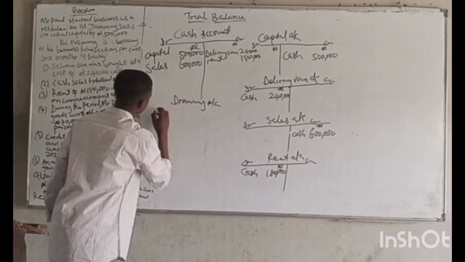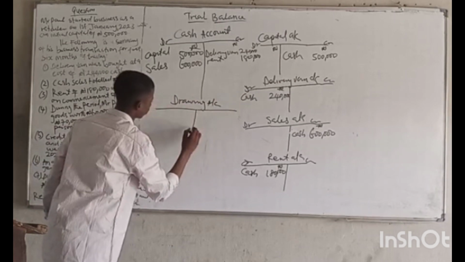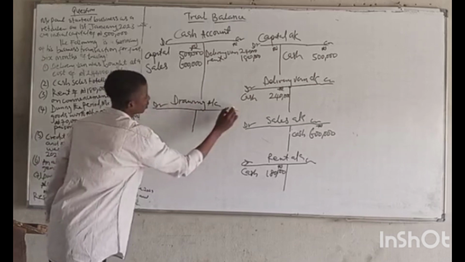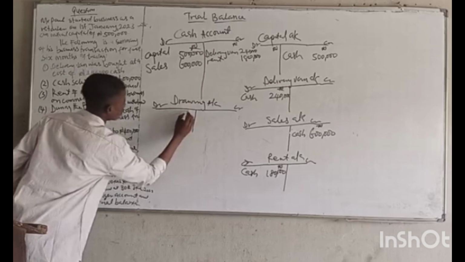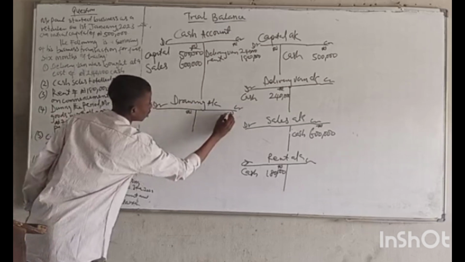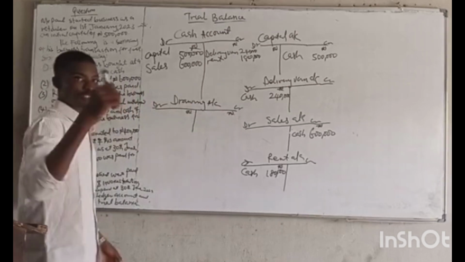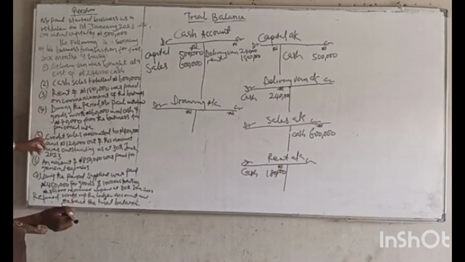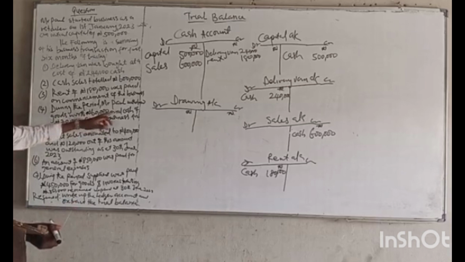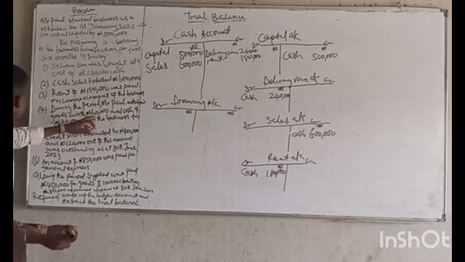Drawing account. Debit, credit, cash. The proprietor withdrew both cash and goods, and so the value of the goods he withdrew was 60,000.